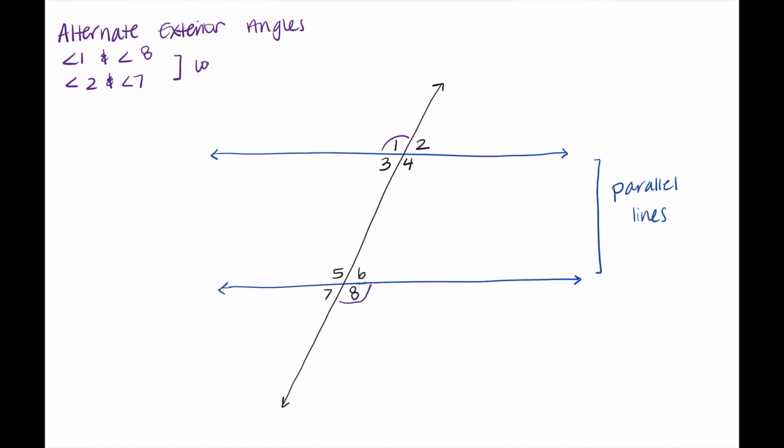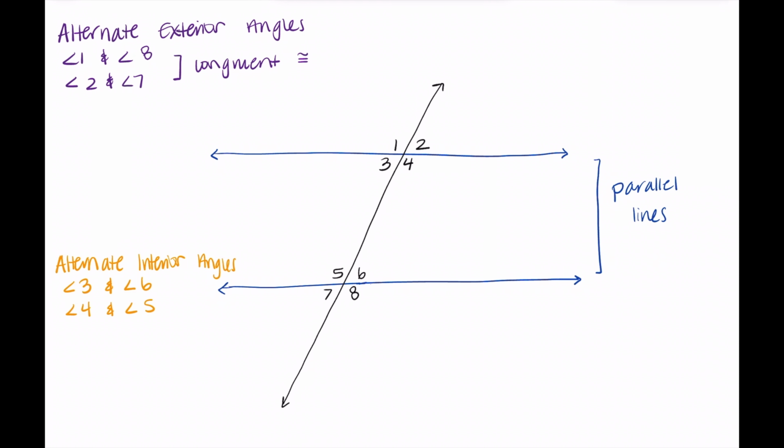An important note about the measure of these two angles: these alternate exterior angles will be congruent. They will have equal measure, and the way to notate that something is congruent is with that equal sign with the one squiggle on top. I'll be using that for all of our further examples, but alternate exterior angles are equivalent and they are congruent.